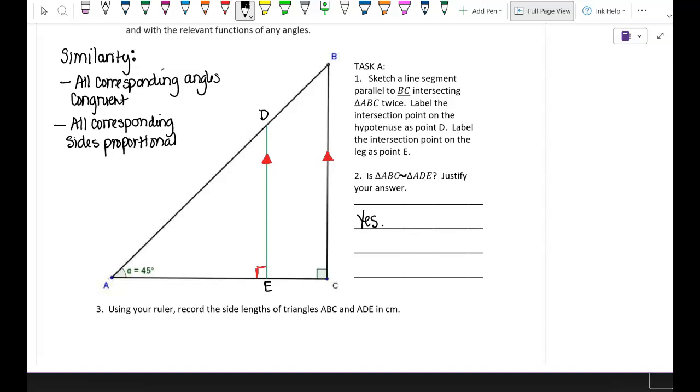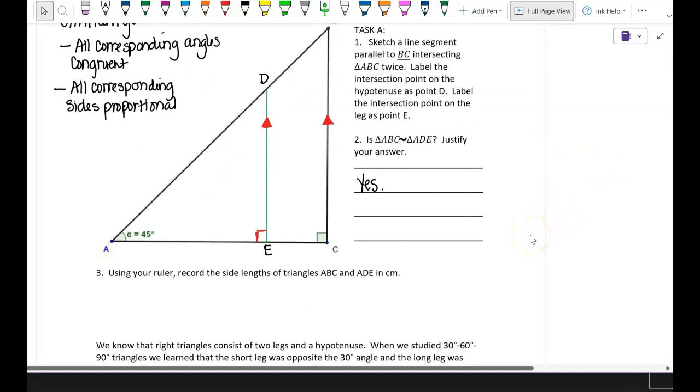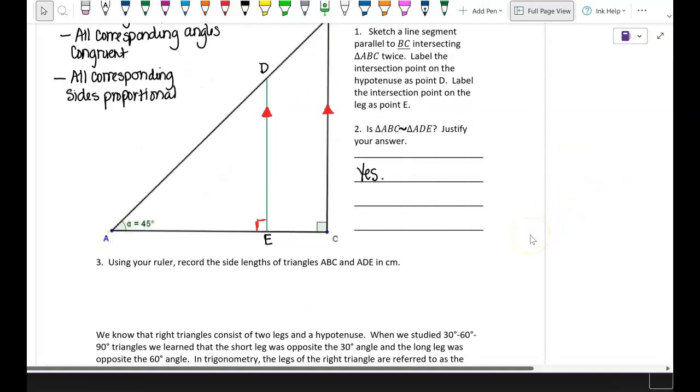Now it says, using your ruler, record the side lengths of triangle ABC and triangle ADE in centimeters. Now, we should have the same measures for triangle ABC because we all have the same one drawn on a piece of paper. Our measurements for triangle ADE might not be the same because of where you drew your line.